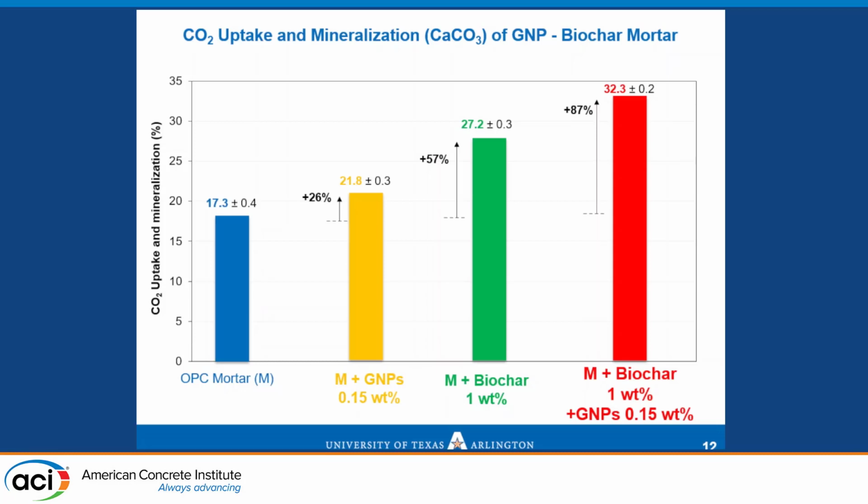Adding graphene nanoplatelets, we can increase that to 20%. Adding biochar to the plain mortar, we can increase it to 57%. But adding both together, we can increase that to almost 90%. So this is a very exciting result.